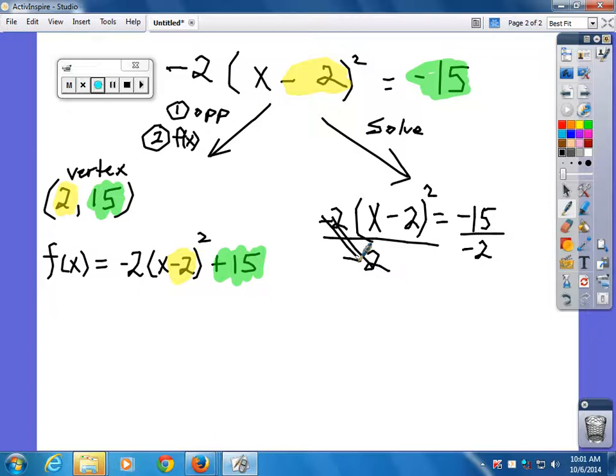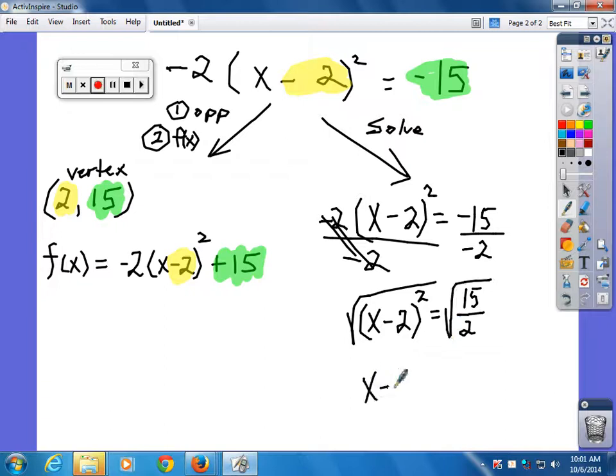And that gives you x minus 2 is equal to 15 halves. And then take the square root of both sides. x minus 2 is equal to the square root of 15 over the square root of 2.